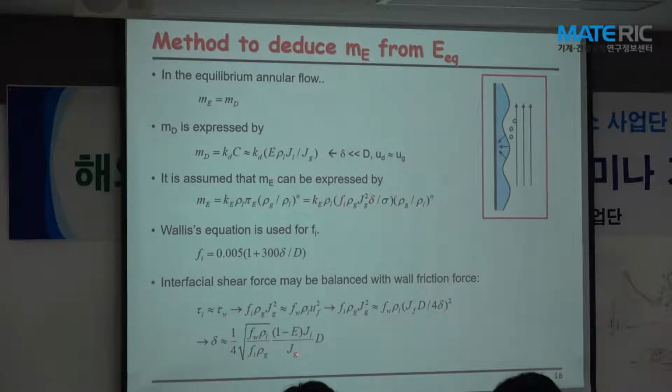Here, E, the entrainment fraction, is also included. This one is substituted here, and the interface friction is substituted here. Using the relationship between this one and this one, we can decide. The only unknown factor is Ke. If this can be fixed, it's okay.